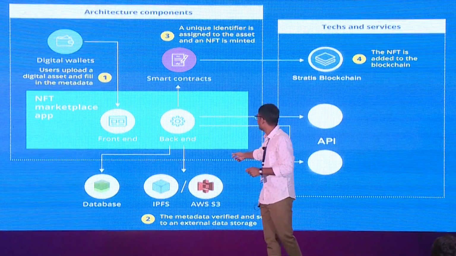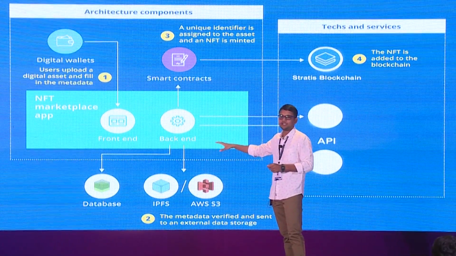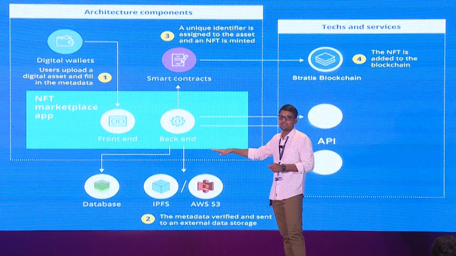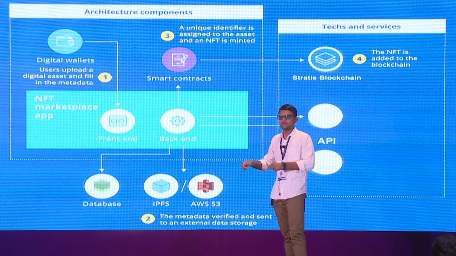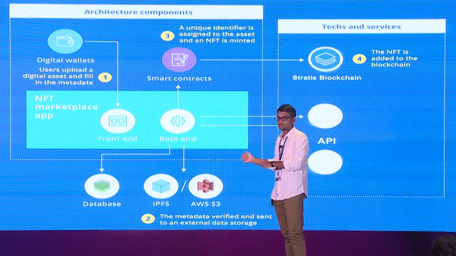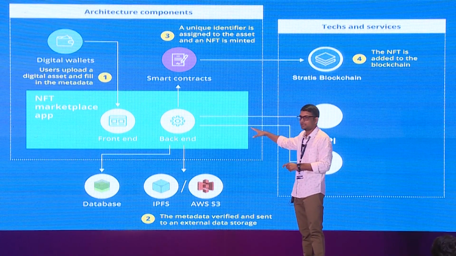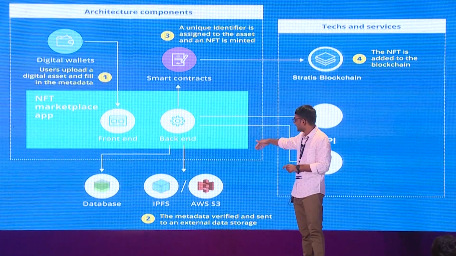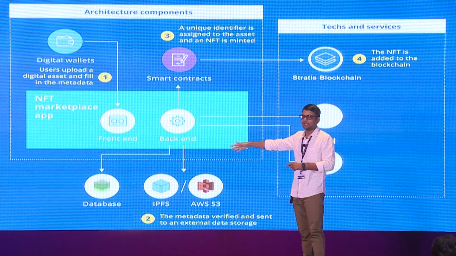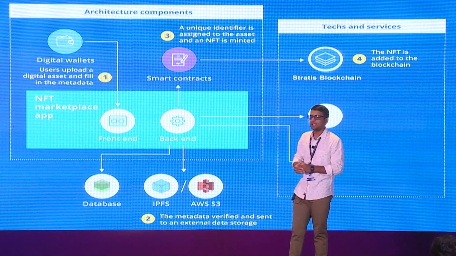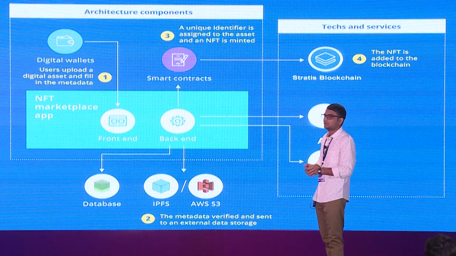So what we do is store other data, like the user details and the NFT description, as one file, and the URL of that file goes to the smart contract or blockchain. When we upload a file, it creates the URL, saves the actual file to IPFS or any other storage, other data to the off-chain database, and the URL and metadata go to the smart contract, and the smart contract creates a transaction to the blockchain.